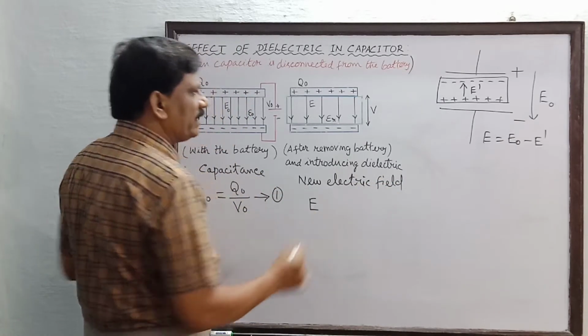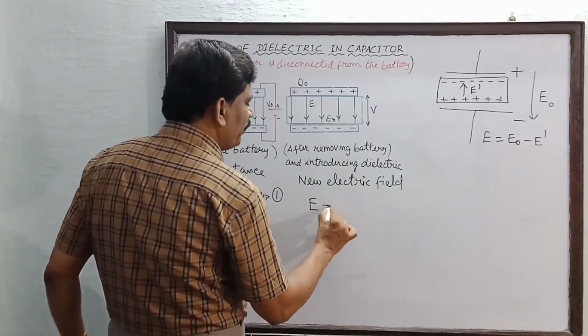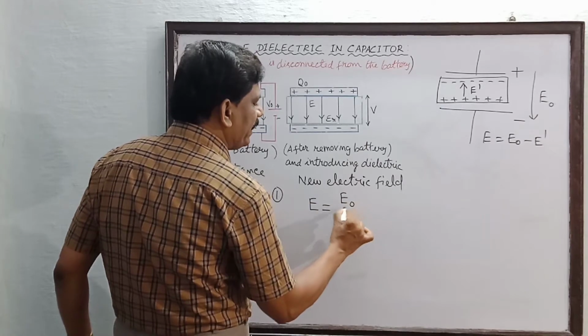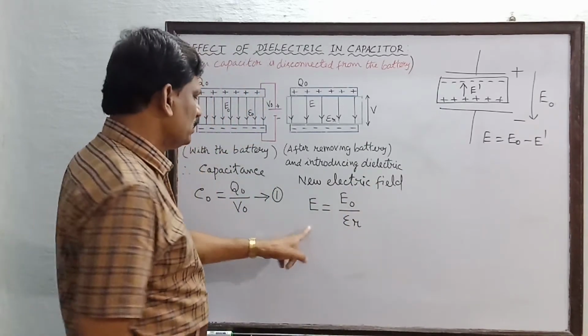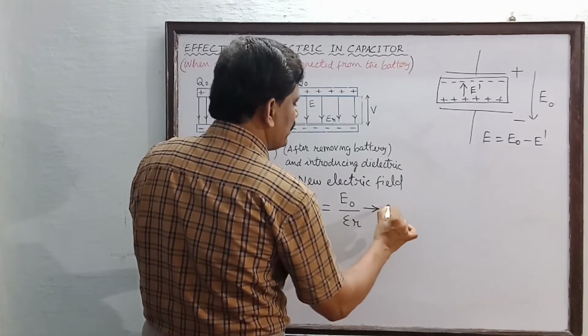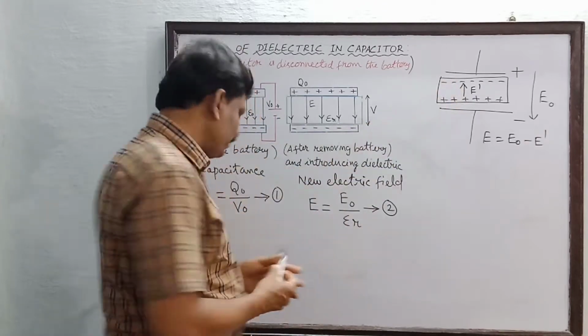Let us denote this by the symbol E. This new electric field will be the original electric field divided by epsilon r, E equals E0 divided by epsilon r. So this is another equation. This is important for us, based on the previous concept we have derived.